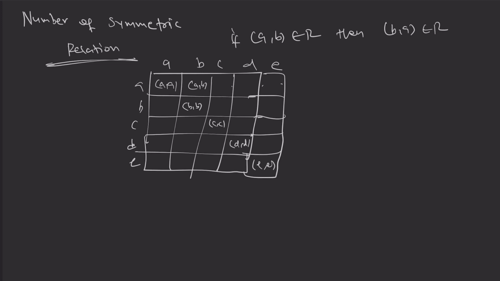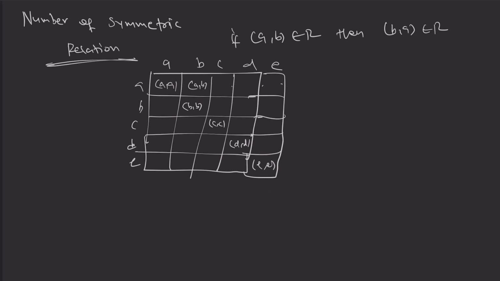Now tell me, if I have a comma b in the relation, then I have b comma a also in the relation, because it is symmetric. So for the diagonal entries, I have n choices.